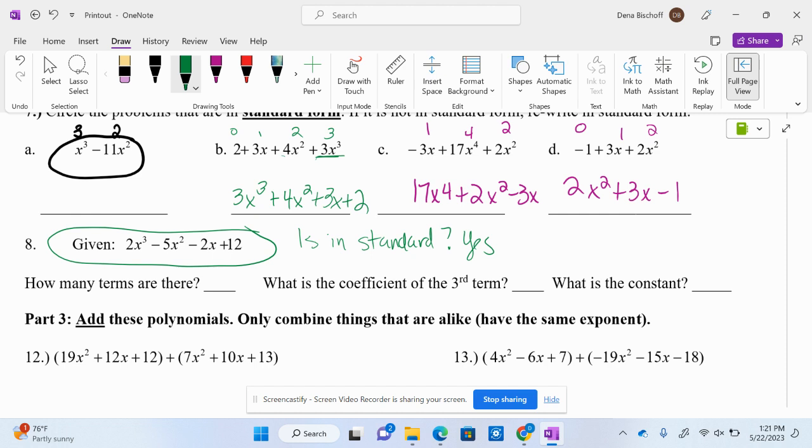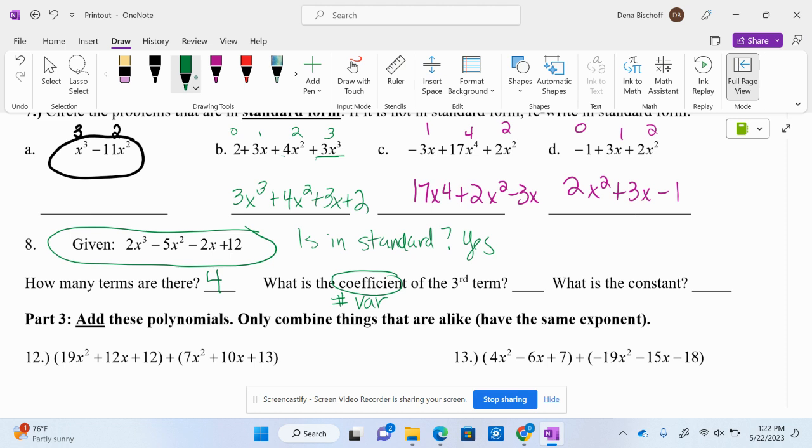Dakota, how many terms are there? Yeah, 4 terms. Absolutely. What is the coefficient on the third term? So coefficient, remember, is the number that's hooked to the variable. What is that number, Dakota?